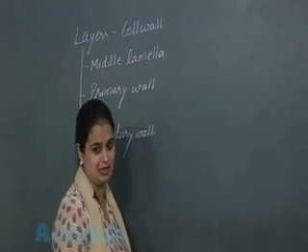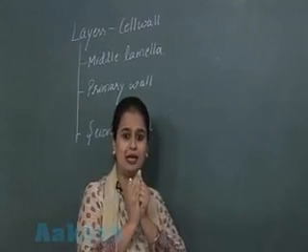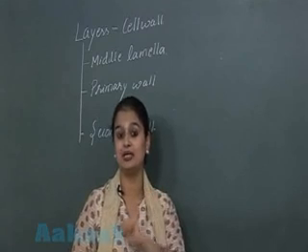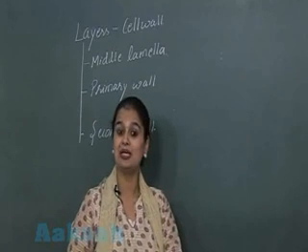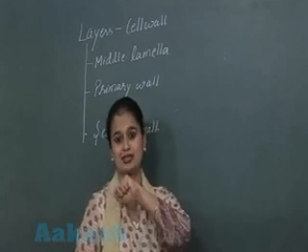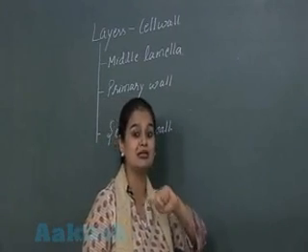So first of all, let's start with the middle lamella. In the plant cell, the layer that helps to join two adjacent cells is the middle lamella. That's why it is also known as the cementing layer.